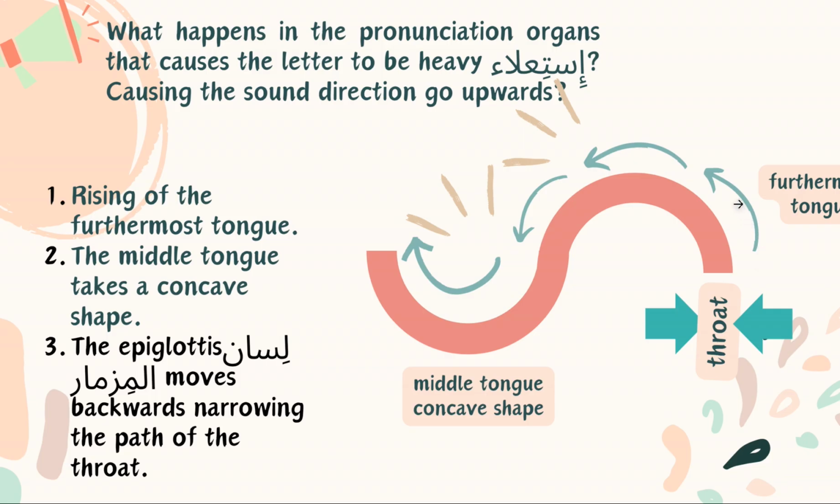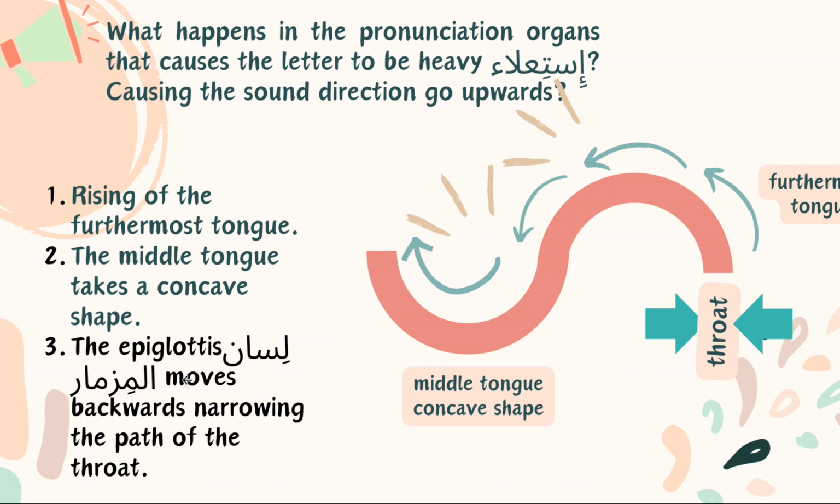So it just climbs up and it strikes the upper palate, and it just goes down with the concave shape and out of the mouth. So first of all, the rising of the furthermost tongue. This is one of the conditions that causes a heavy sound letter. And the middle tongue takes a concave shape. There we are. Okay, so this also helps to make this echo sound in the mouth.